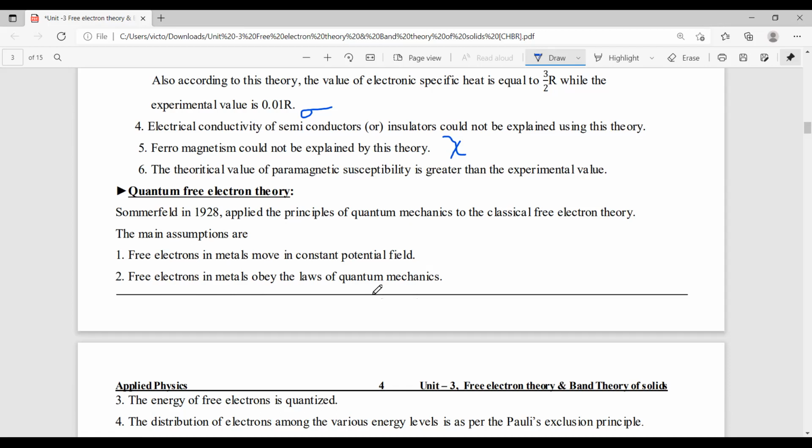That means the electrons present in the outermost orbit. These free electrons obey the laws of quantum mechanics.